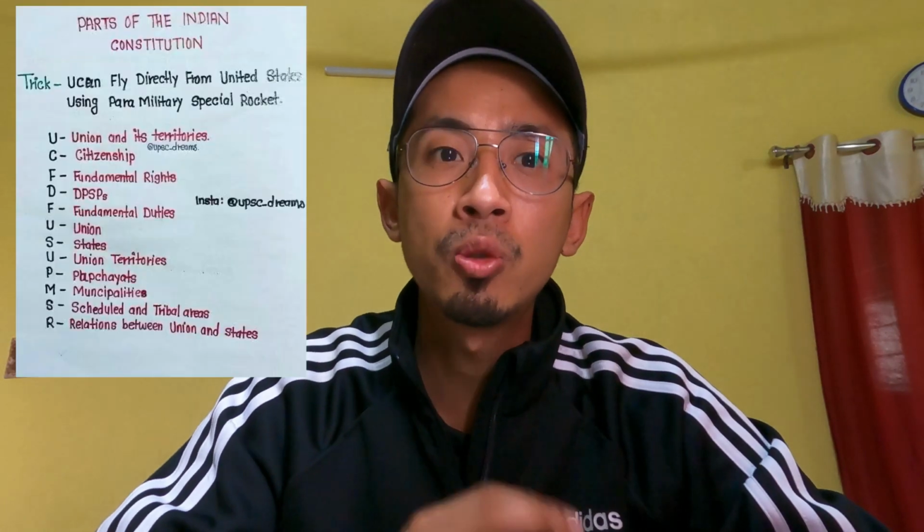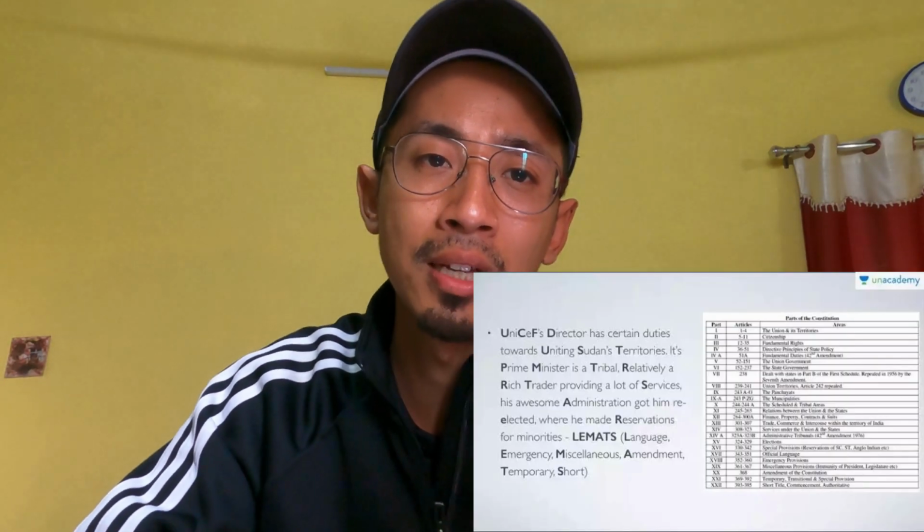But to study this, you can use several types of mnemonics, and you can even search the internet for the various mnemonics used to memorize the Indian Constitution, like Part 1, 2, 3, 4, 5, 6 and so on. I memorized it with a mnemonic: you can fly directly from US.